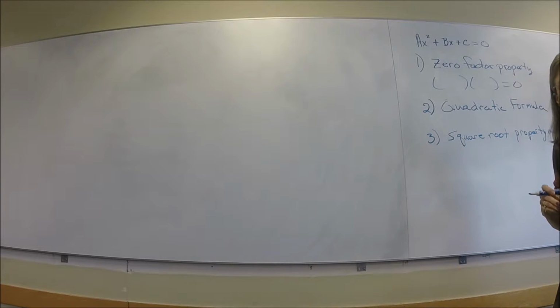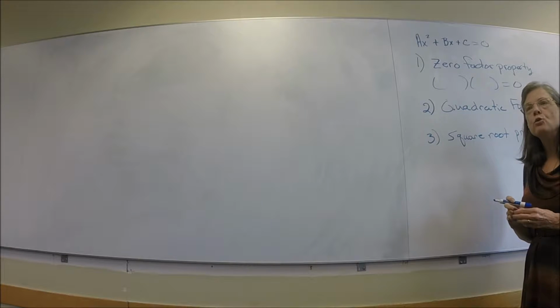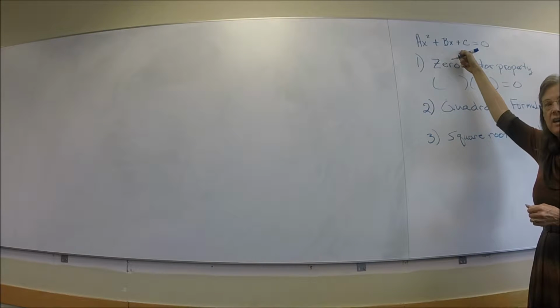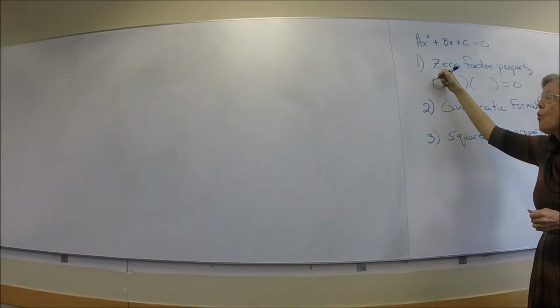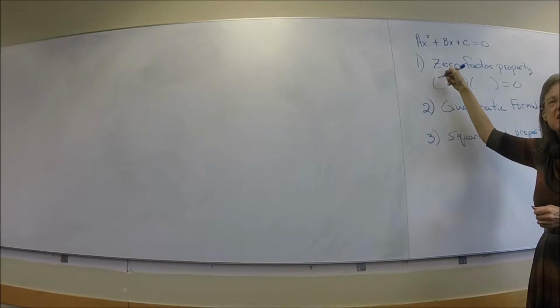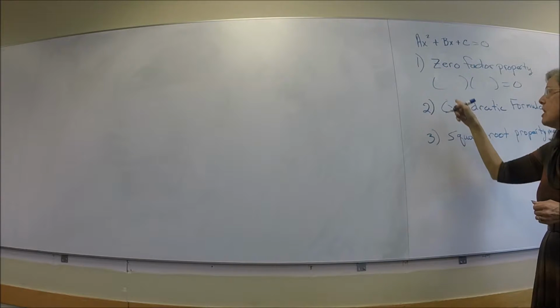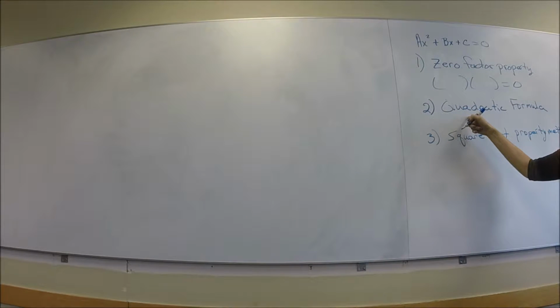Okay, so now listen real closely. Whenever you are given a choice of how to solve a quadratic equation, always try factoring first, because that's the easiest. Okay? Always try factoring first. If factoring does not work, then use the quadratic formula.